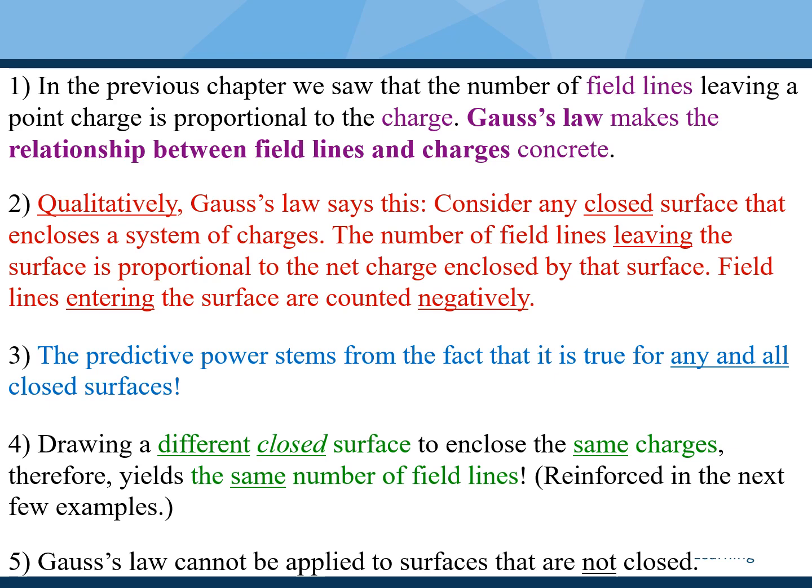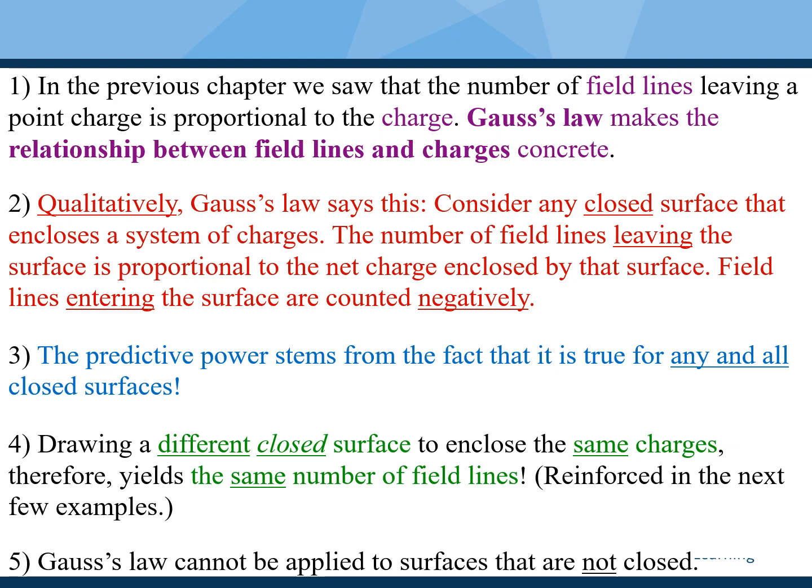So we understand now that Gauss's law is one way of making that relationship between field lines and charges much more concrete and quantitative. At a qualitative level, Gauss's law basically says something like this. Consider any closed surface that encloses some charges.